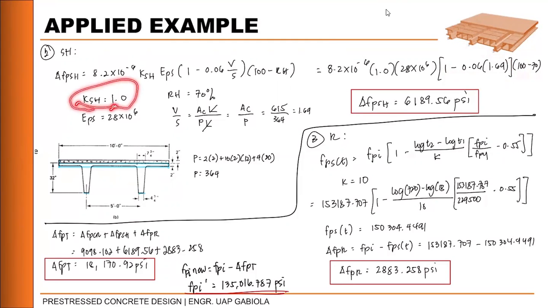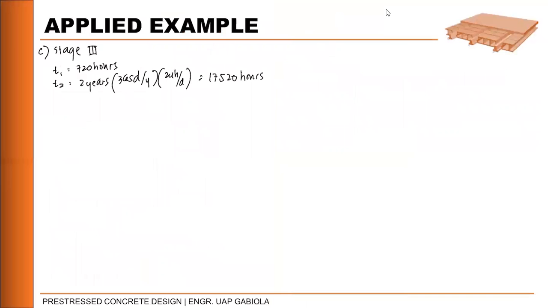Nagbabago yung KSH natin, ito yung may table tayo kapag post-tension tayo, and dependent siya kung ilan days naman yung kinoconsider natin. So for this example, yung creep and shrinkage are na-consider na sa stage 2. So yung calculate lang natin for stage 3, okay, na remaining is yung ating due to relaxation na lang siya.